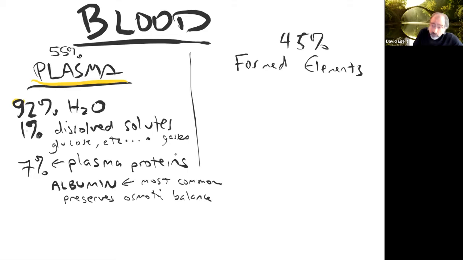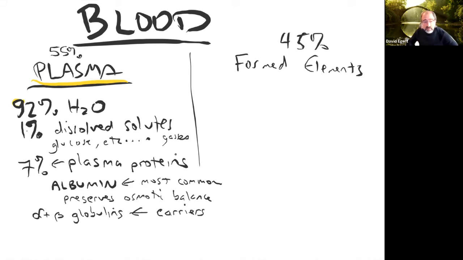There are also alpha and beta globulins. And these act as carriers. Not just these, actually; albumin can act as a carrier. There's lots of other specialized proteins that act as carriers, but these are for molecules that don't dissolve in water. Carriers for lipophilic molecules.